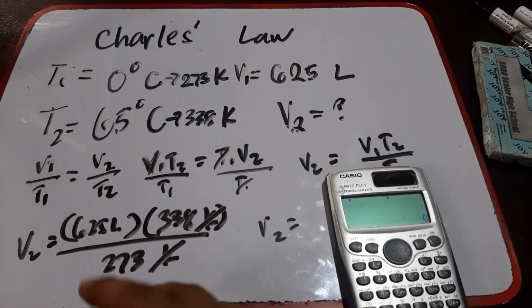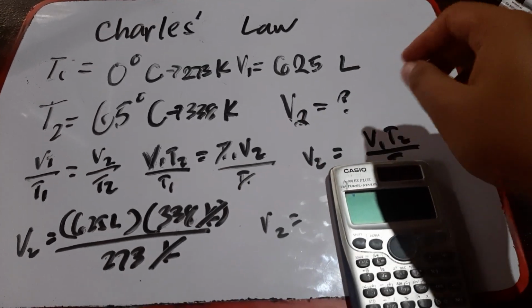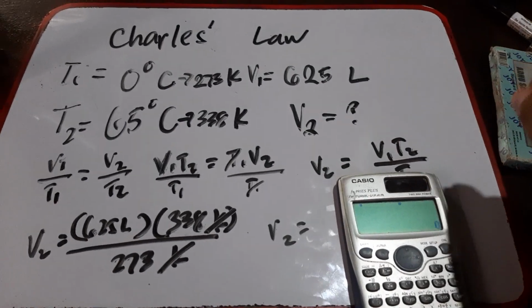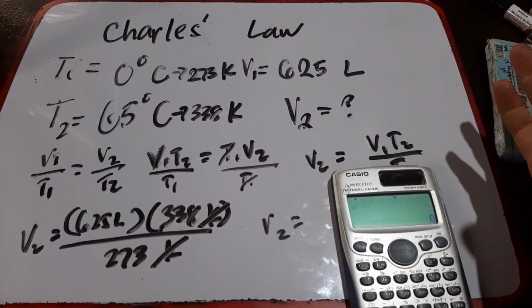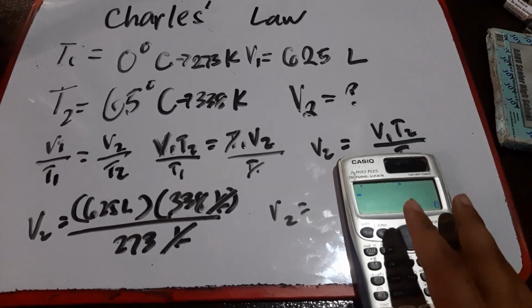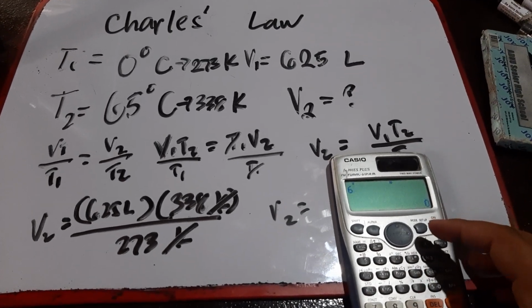Here in Charles' law, it is the pressure. Say for instance, at 1 atm. So, usually, may mga palito pa yan sa problem. At 1 atm, the temperature blah blah blah and the volume is blah blah. The temperature was increased. What is the new volume? So, don't be confused. Just try to understand what we are looking for.